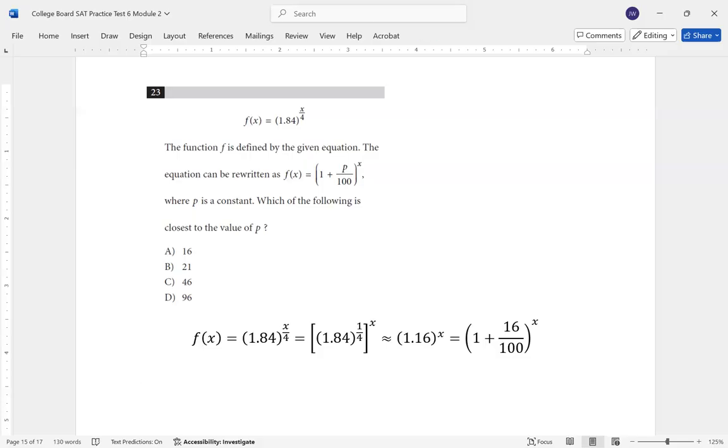Well, the closest value of p is 16. In that scenario, that means the answer to question 23 is 16, which is option A. So A, 16 is the answer to question 23.